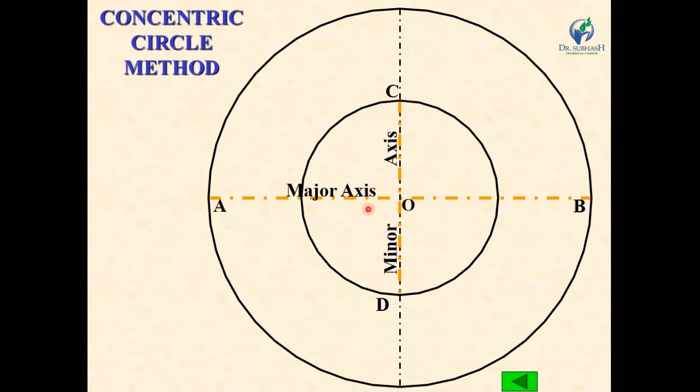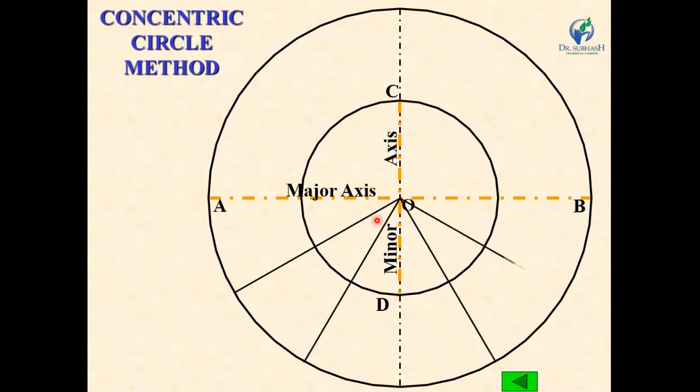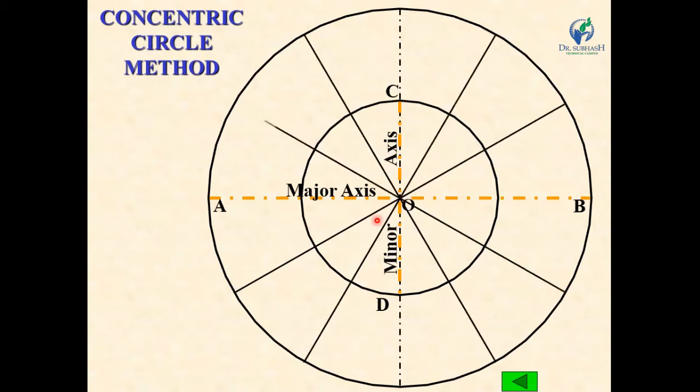The center of both circles is O, so the circles are concentric at this point O. Now divide the circles into 12 equal divisions.